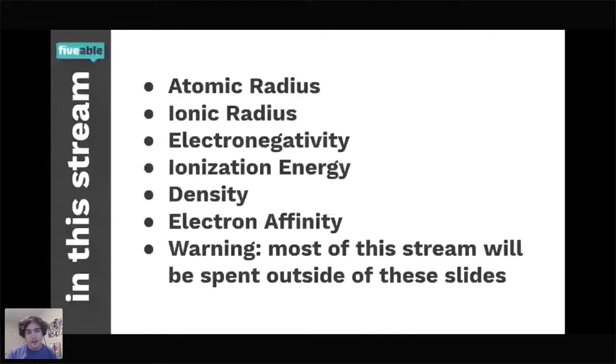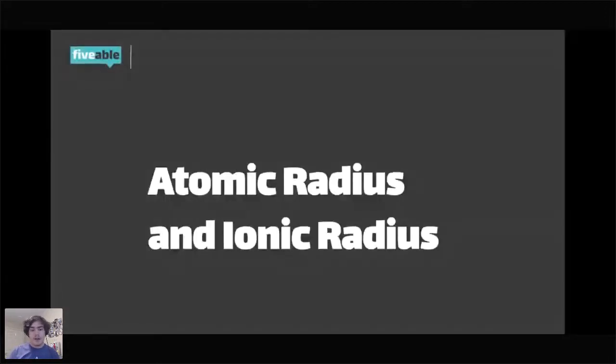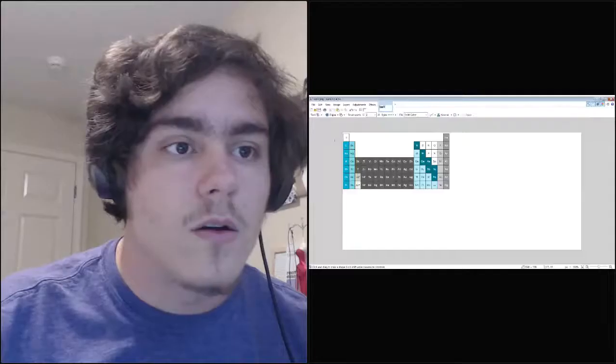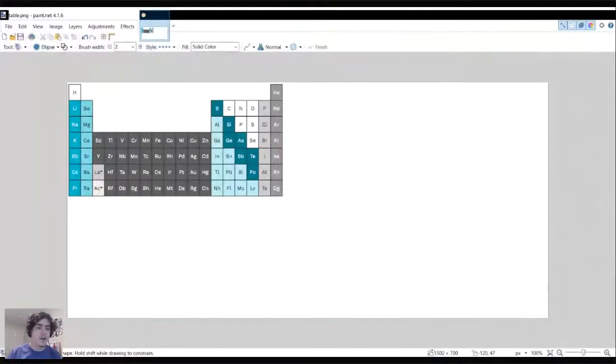So the first thing is atomic radius and ionic radius. And we're immediately going to go to a whiteboard. We have a periodic table here, and basically the atomic radius, if we draw out a basic atom, we have the nucleus in the center right here.